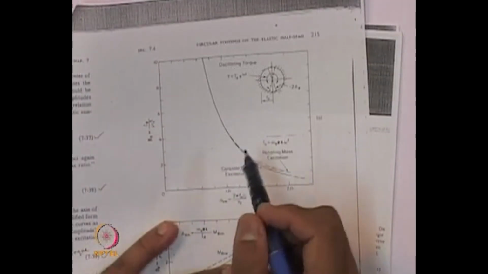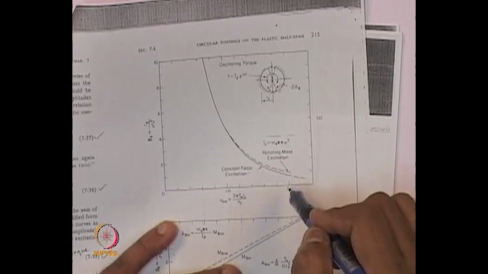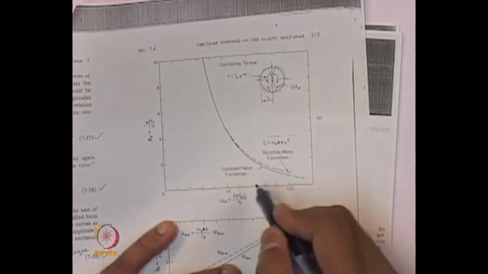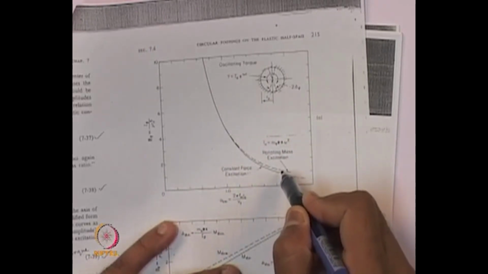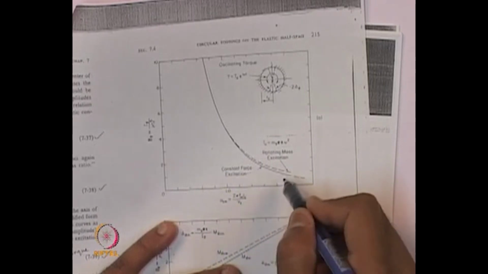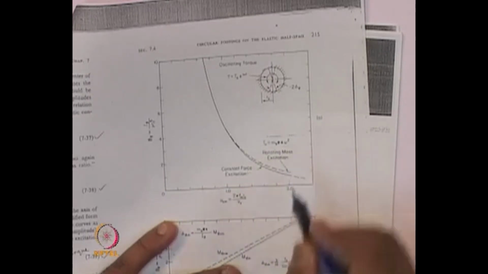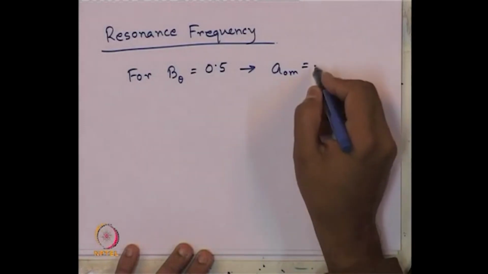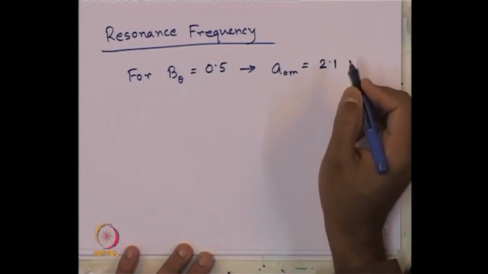This is the design chart I had shown earlier, and I had also mentioned that in the torsional mode of vibration, both rotating mass type and constant force type give almost the same values. They change marginally at the very high value of A naught m, or very low value of B theta. This dotted line is for rotating mass type excitation and the solid line is for constant force type excitation. And the expression for A naught m is also given here. If we read carefully, I am reading the value of A naught m as 2.1.